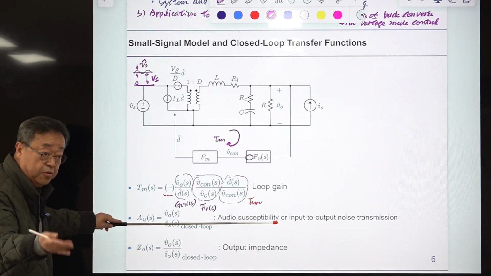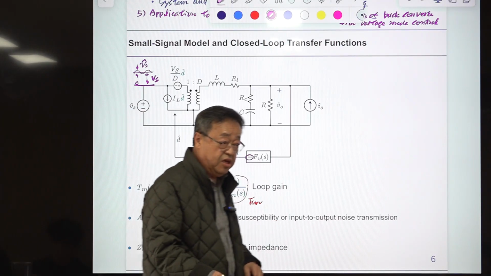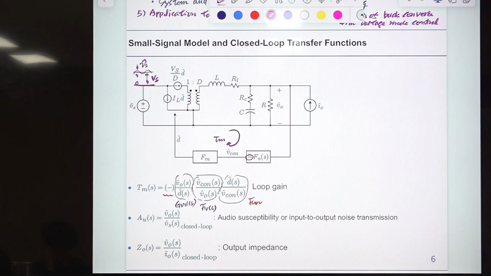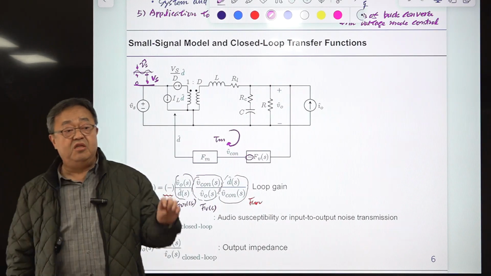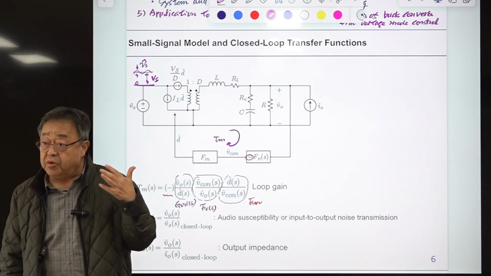But some older people call it audio susceptibility, a very strange term, right? In the past, the switching frequency of the DC-DC converter was in the audible frequency range. You know what audible frequency is?